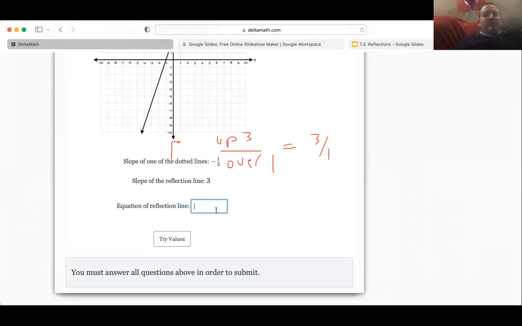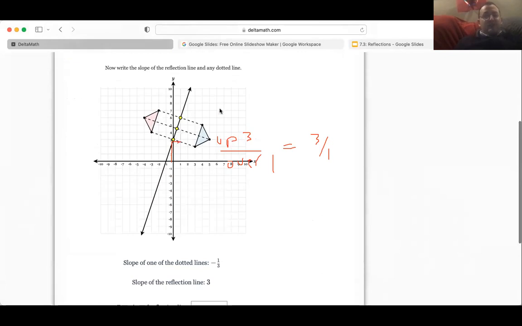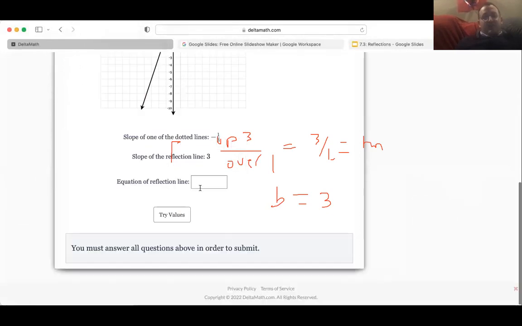And then the equation of the line of reflection, they just like a y equals mx plus b type of thing. So our b is going to be 3. So effectively, we have for our equation, y equals 3x plus 3.